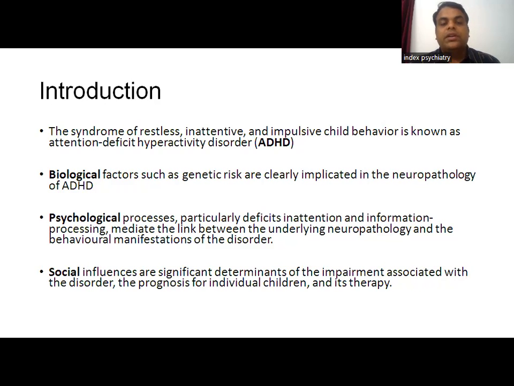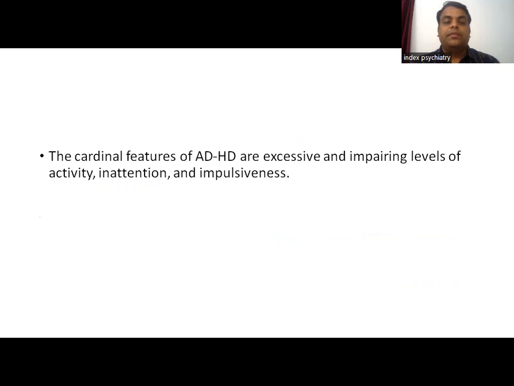Psychological processes, particularly deficits in attention and information processing, mediate the link between the underlying neuropathology and the behavioral manifestation of the disorder. Social influences are significant determinants of the impairment associated with the disorder, the prognosis for individual children, and its therapy.